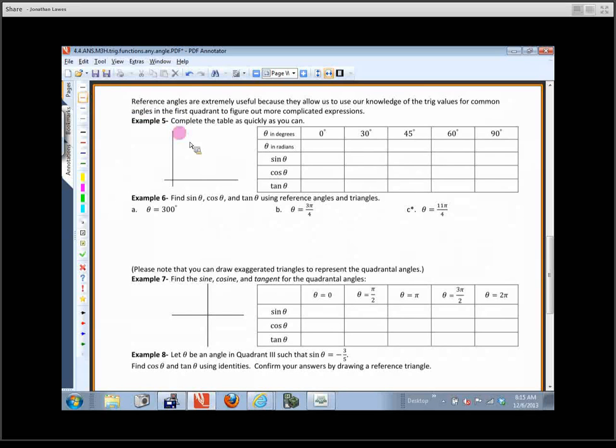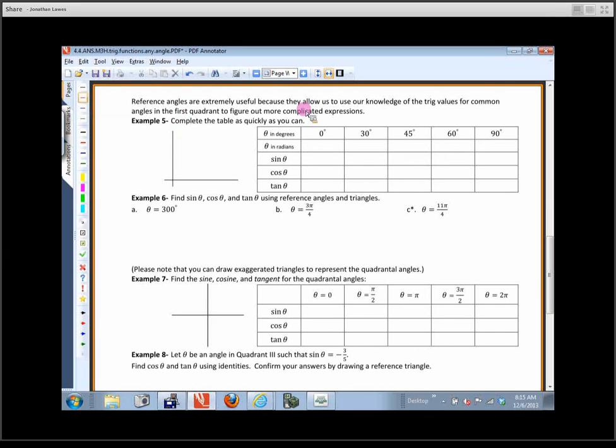Let's flip to the back page of that. It says reference angles are extremely useful because they allow us to use our knowledge of the trig functions for common angles in the first quadrant to figure out everything else. So as you fill out that unit circle on the study sheet, if you know quadrant 1, all you have to do is flip it across the y-axis and you've got quadrant 2.